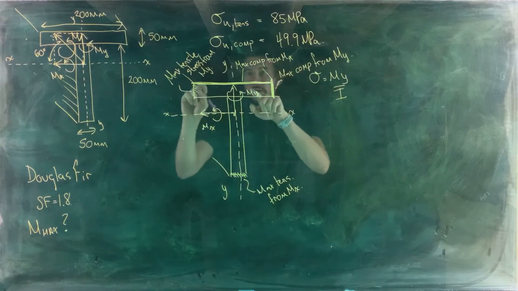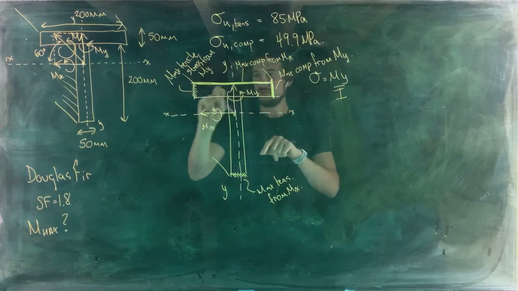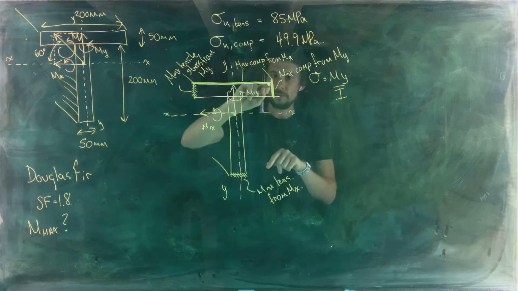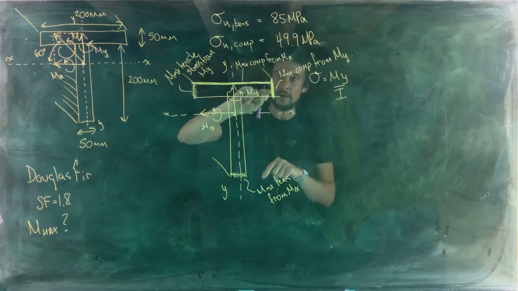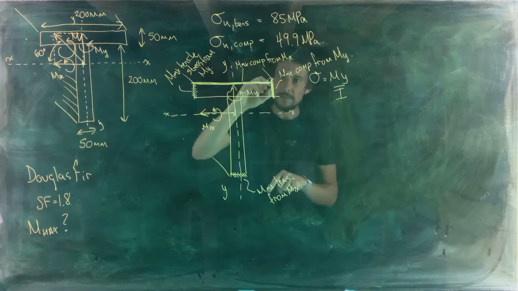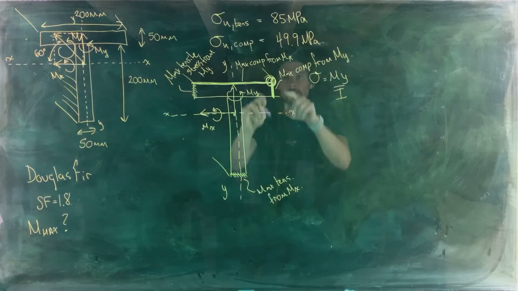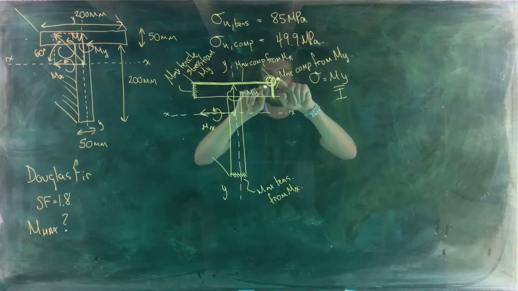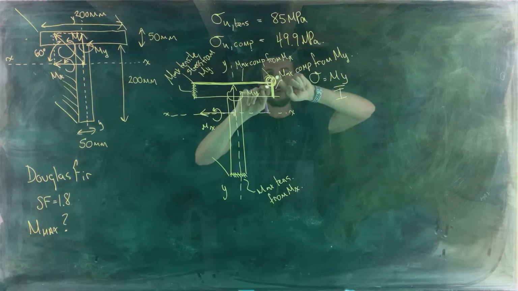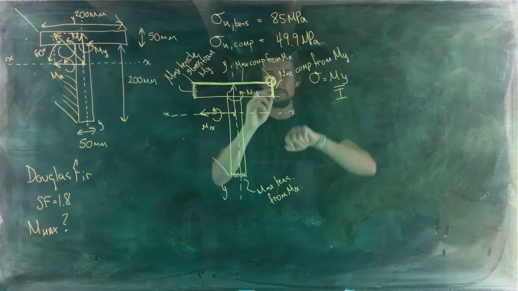So look at this. We've got maximum compressive stress from Mx at the top, maximum compressive stress from My on this edge. At this point here, the two maximum stresses for compressive stress will add up. So this is going to be the point where the largest compressive stress exists in the beam.